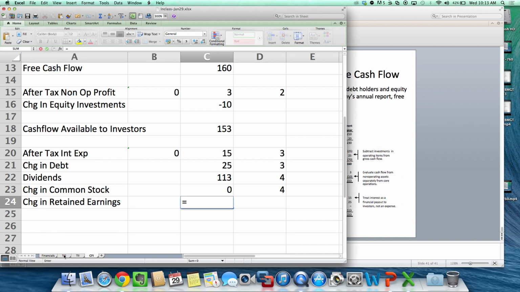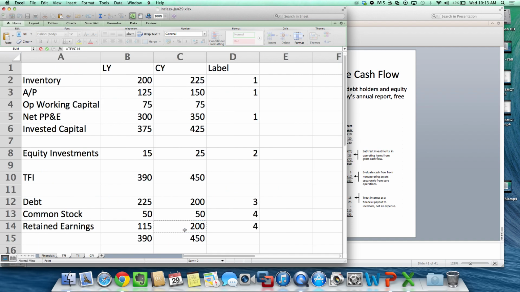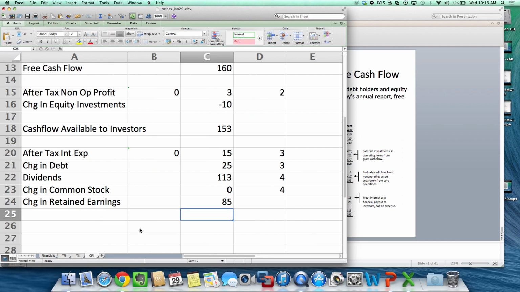equals retained earnings went up by 85. That's new equity in the firm. Positive number, negative number. If I have more equity, positive or negative? Be a negative. So I'm not paying it out.